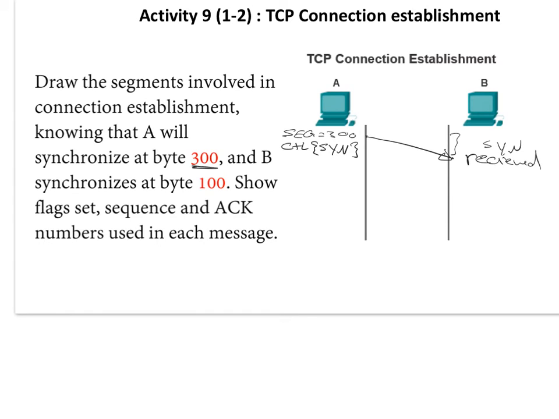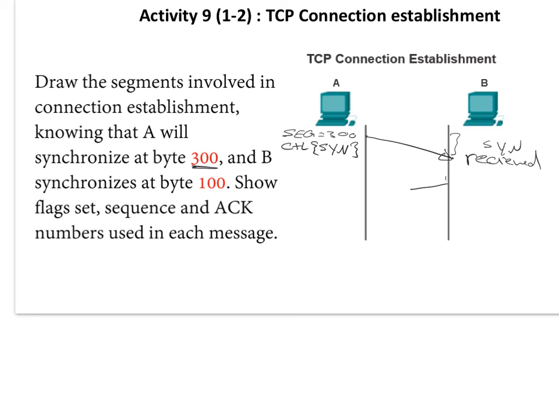So now B will process it, will analyze this message, and will realize that now I want to send two things. I want to send an acknowledgement, and I want to synchronize back. Okay? TCP gives you the flexibility to combine those two into one. But typically they are two separate segments.